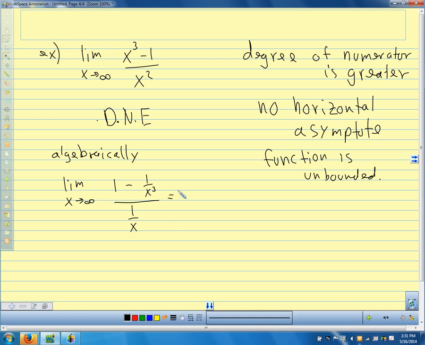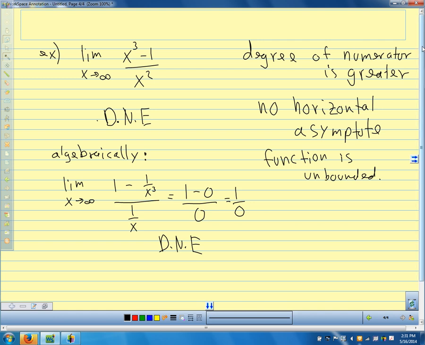And we get the limit, this stays 1. 1 over x to the third, the limit as x approaches infinity of that is 0. Limit as x approaches infinity of 1 over x is 0. So I get 1 over 0, undefined, does not exist. So this is how we would show it algebraically.